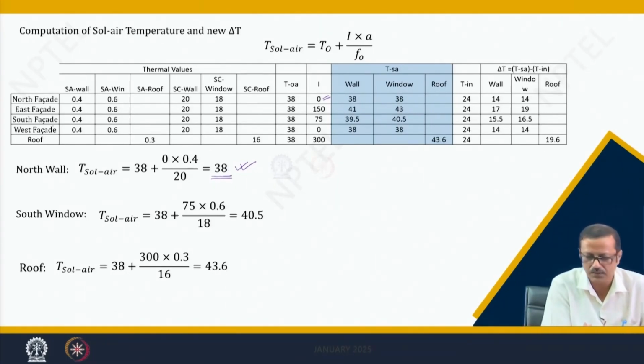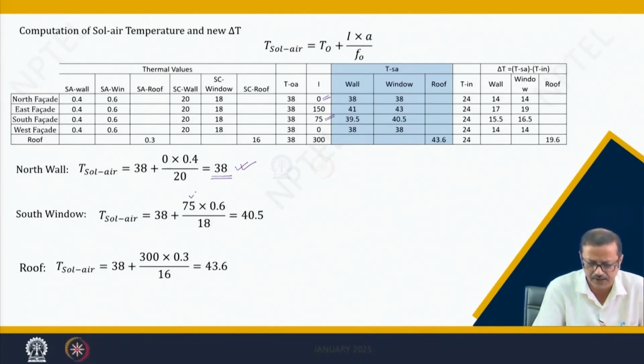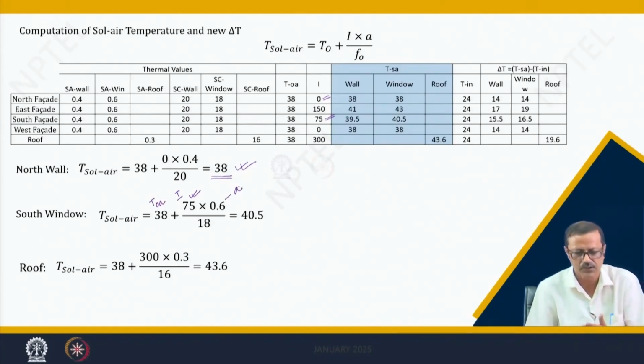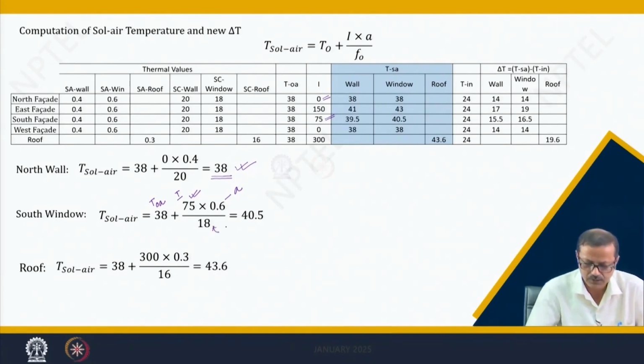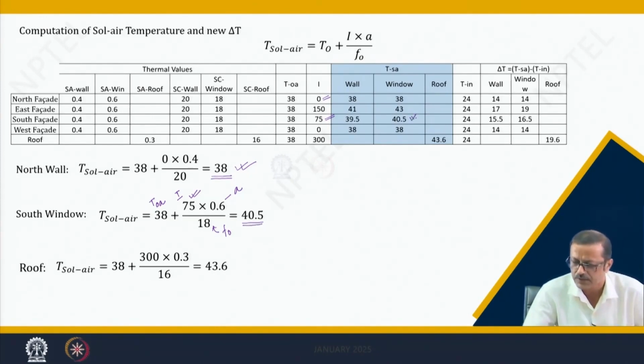Whereas in the south facade the solar radiation I value is 75, this is the TOA, this is the absorbance for the windows, and this is the F naught for the windows. So, there is a little hike in the temperature, instead of 38 you have to take 40.5.